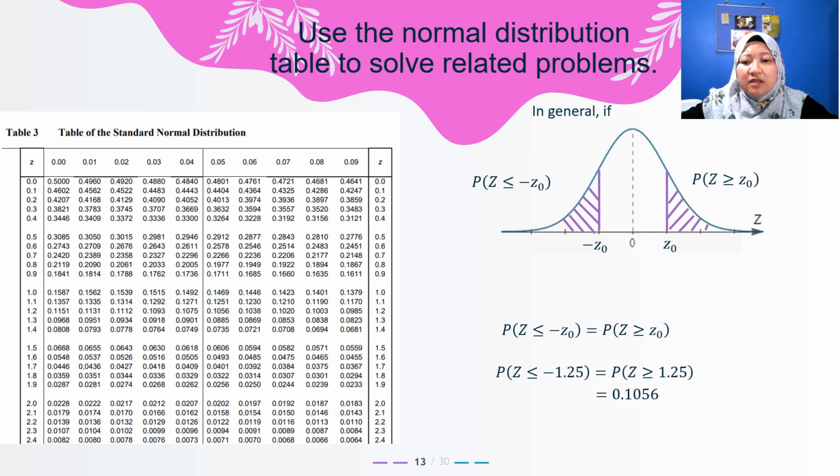Kita cari 1.2 and then kita cari 0.05. So kita tarik ke tepi macam ni. Okay, 1.2 dan tambah 0.05. So kita dapat nilai dia adalah 0.1056.